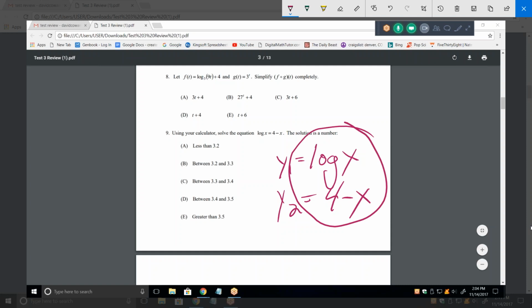And notice they're not asking for very much. They just want one of these 5 answers. So where do these functions cross?